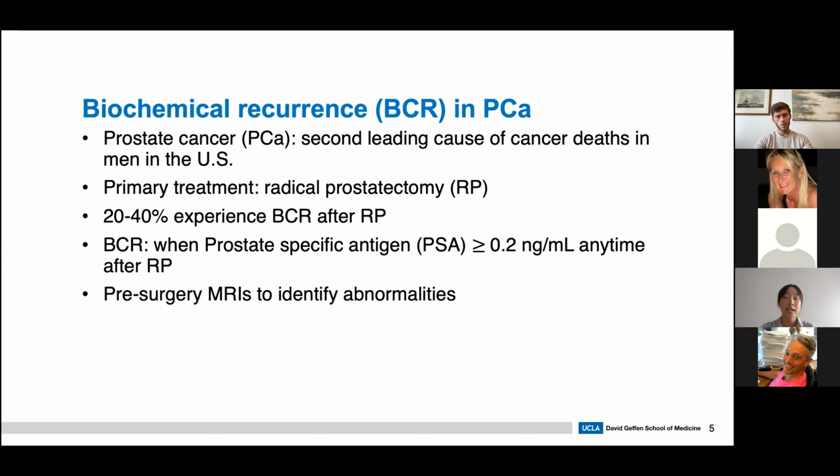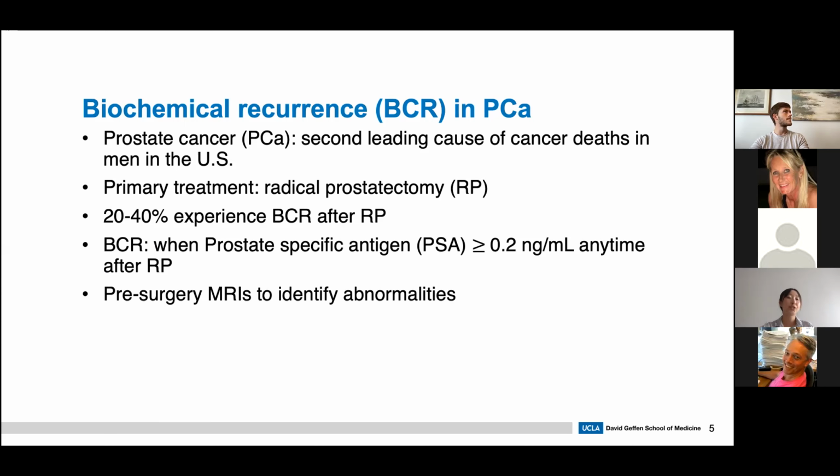And actually, around 2/3 of those patients have developed the BCR after around the first 2 years of the surgery. And the BCR actually can increase the risk of metastasis and death, which is not good. And therefore, it's very important to identify those who are likely to develop BCR so that we can see if the surgery is a good option for them, and also provide some basis for determining who will need further treatment.